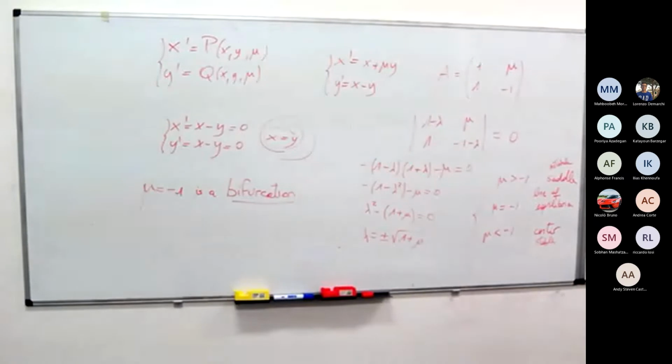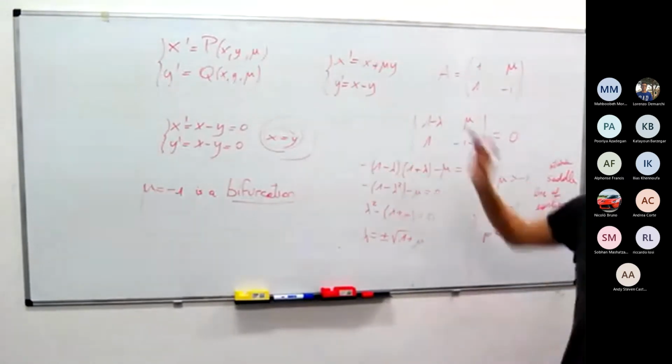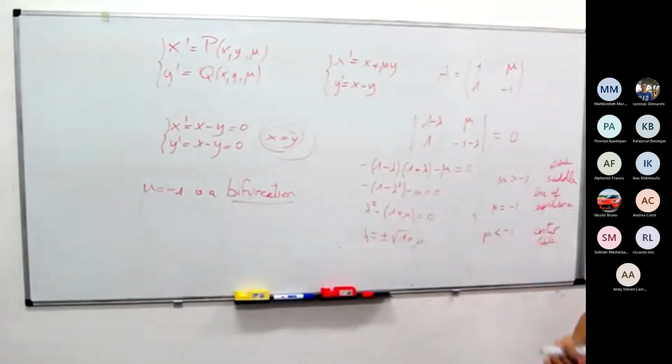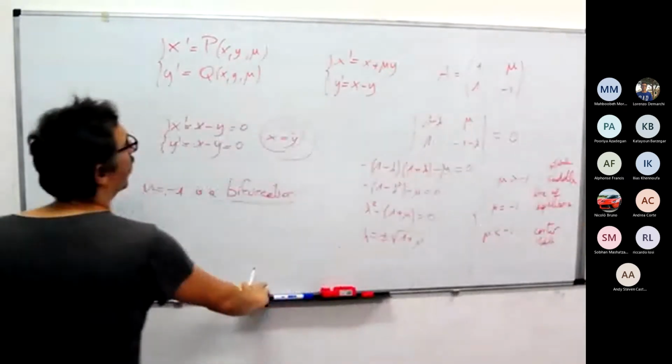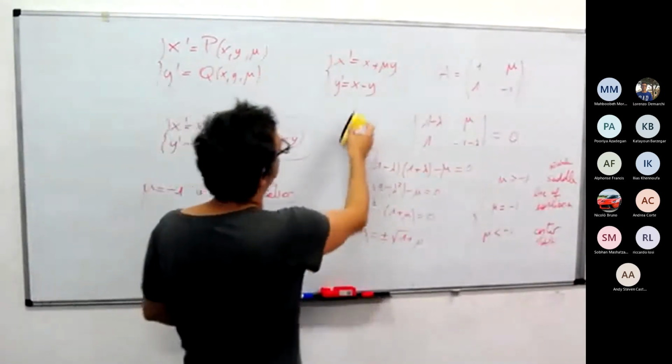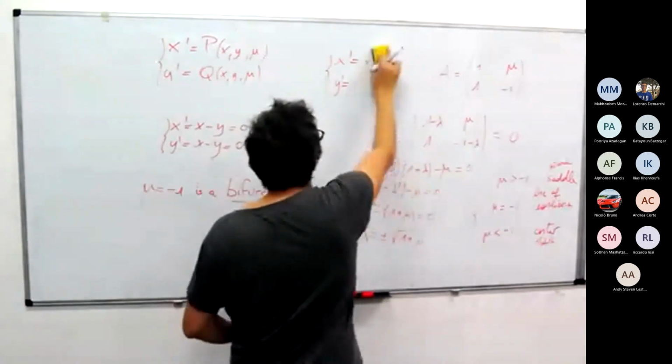I'm going to give you another example, the very last example for the case of bifurcation. I'm going to consider a system, a bit of a ridiculous system.